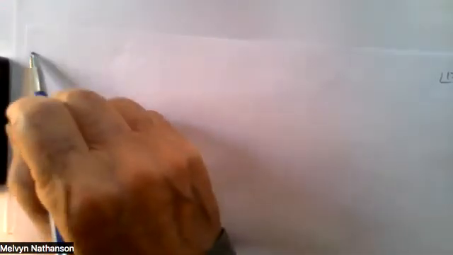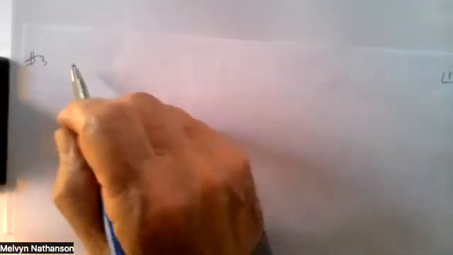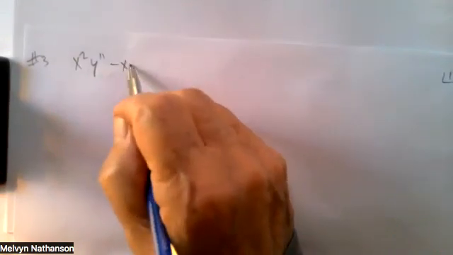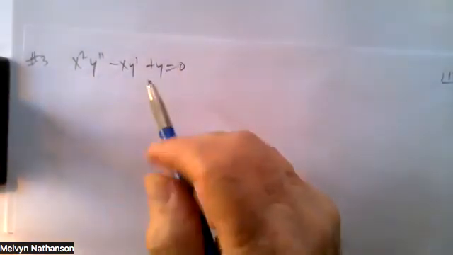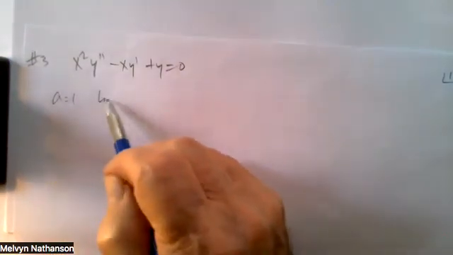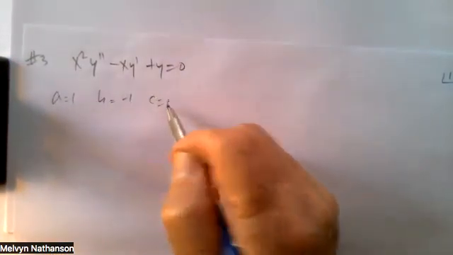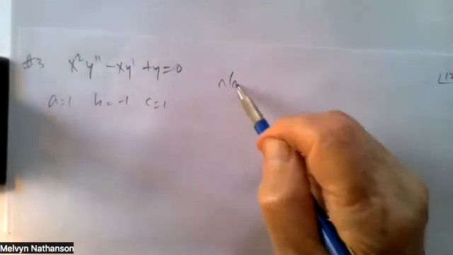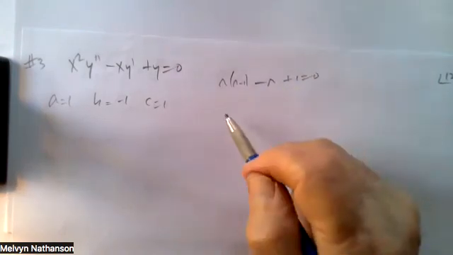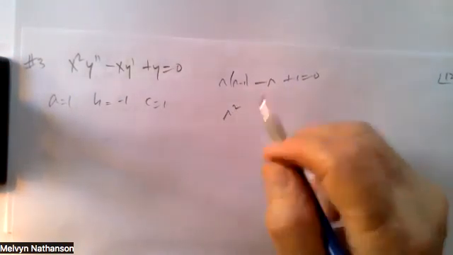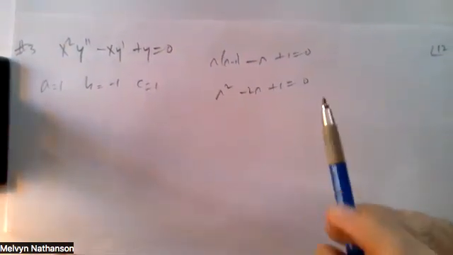Let's look at number 3. X squared y double prime minus xy prime plus y equals 0. So A is 1, B is -1, C is 1. We have the equation r times (r minus 1) minus r plus 1 equals 0. R squared minus 2r plus 1 equals 0.